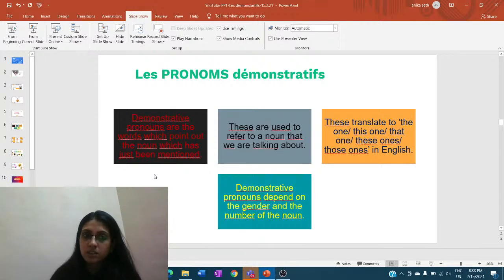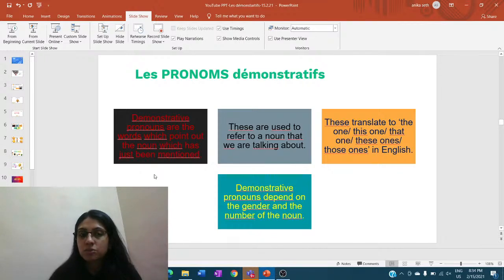These demonstrative pronouns are used to refer to a noun that we are talking about. That means the noun has already been introduced in the sentence. We know the noun, but now we are replacing that noun with a demonstrative pronoun.